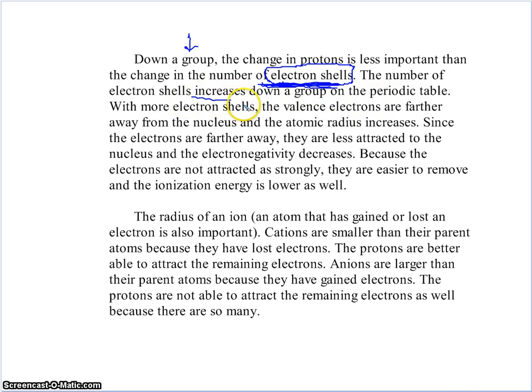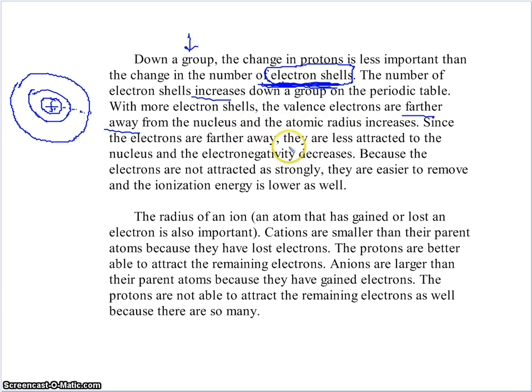With more electron shells, the valence electrons are farther away from the nucleus. If we had the nucleus here, we have one shell, and then boom, we add another shell. They're farther away from the nucleus.